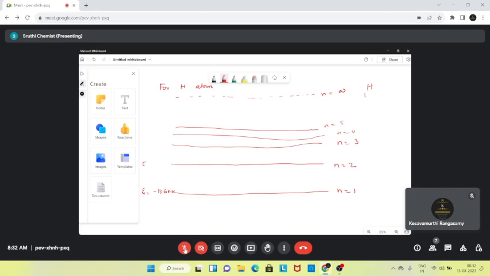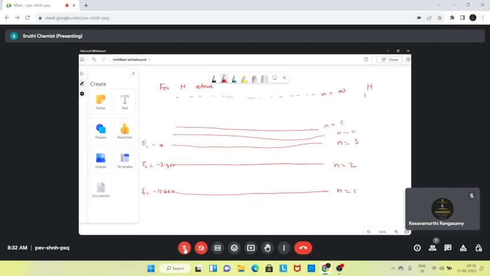For the second orbit, E2 will be equal to minus 3.4 electron volt. So if you put the values in, you will get the answer. E1 is minus 13.6 electron volt, and E2 is minus 3.4 electron volt.